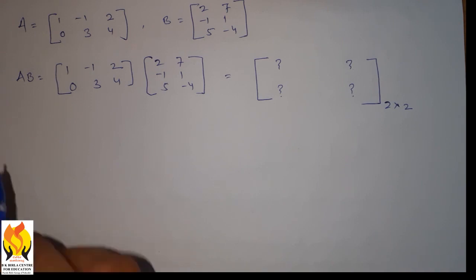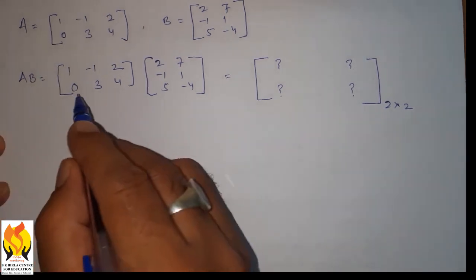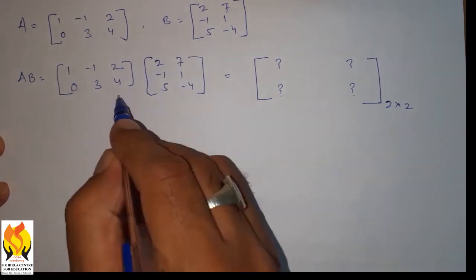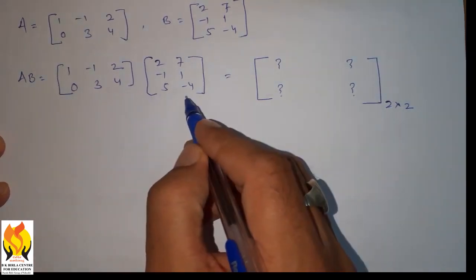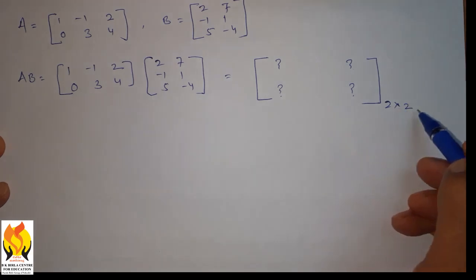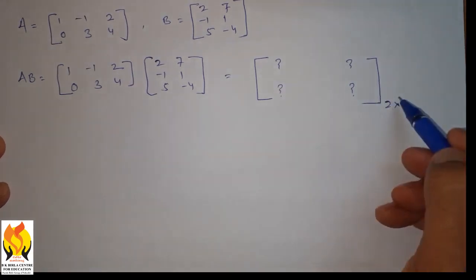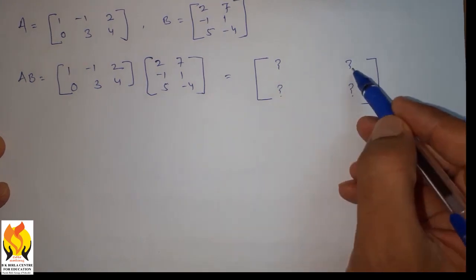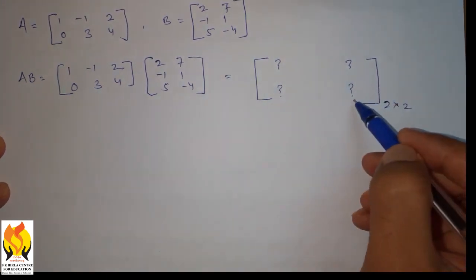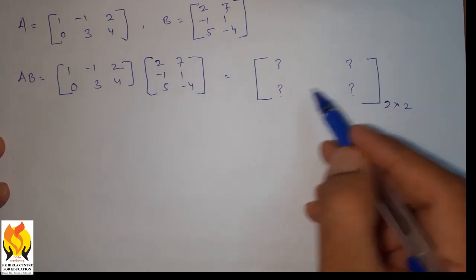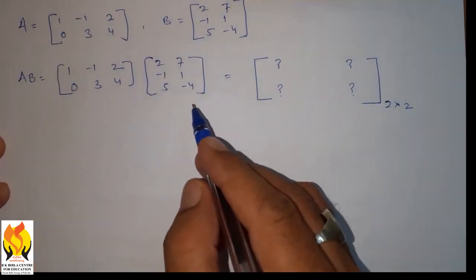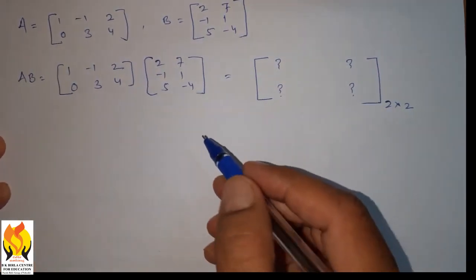When you multiply matrix A with B, we symbolize it like this, A into B. The resultant matrix is of order 2 by 2, as I told you earlier. So a 2 by 2 matrix means we have A11, A12, A21, A22. What elements will come here and what process we follow to get these elements, we'll look into.